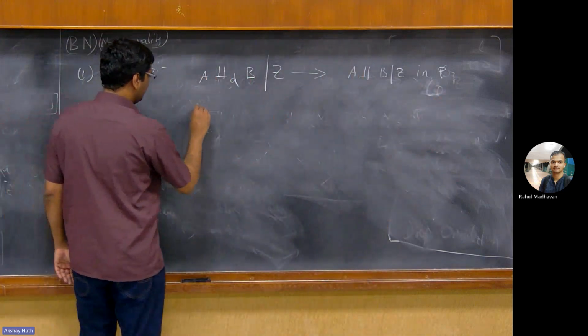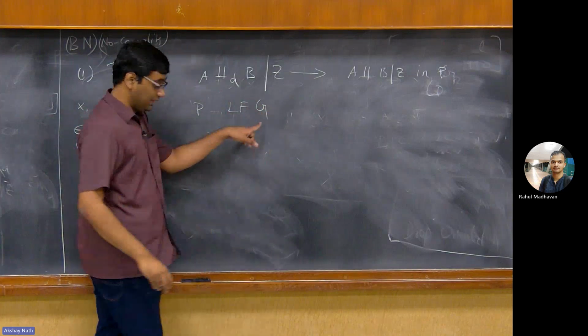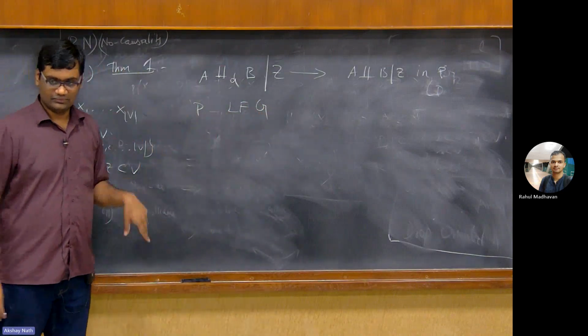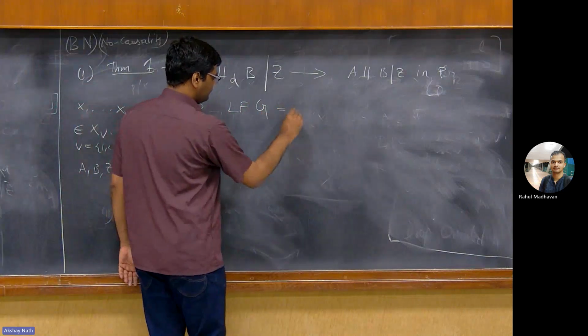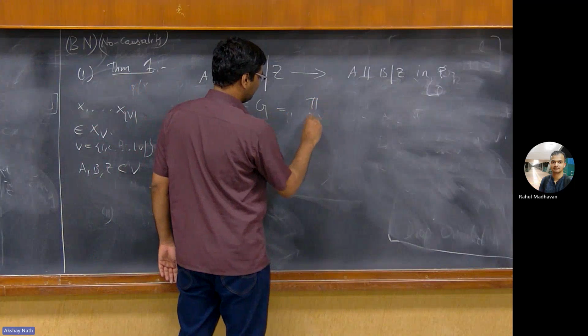But what do you have? P actually locally factorizes according to G. This is what I have. I don't have anything else. Now this is a very trivial statement. So look at the factorization.